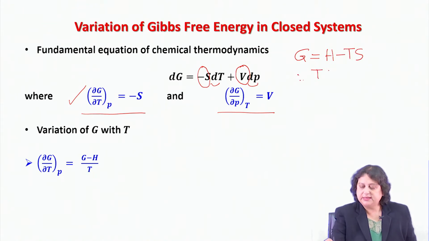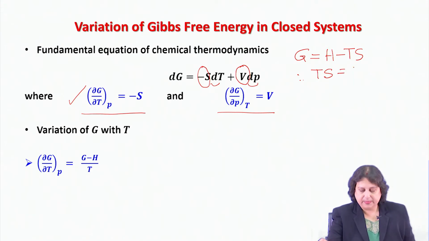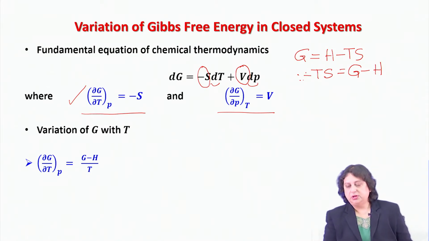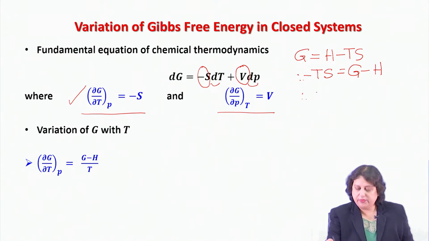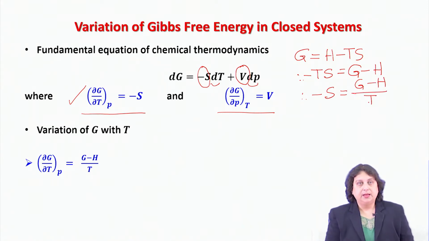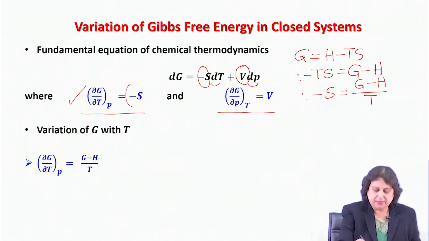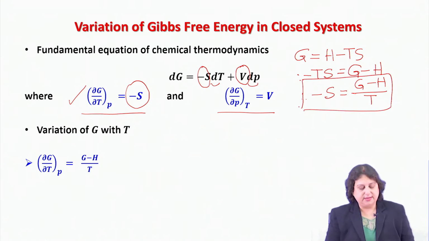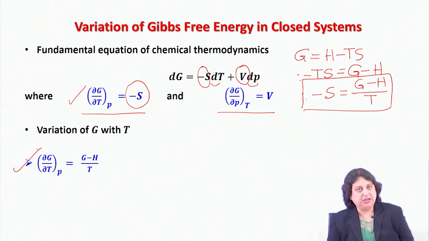Therefore, I can write TS is equal to H minus G, so minus TS is equal to G minus H. Therefore, minus S is equal to (G minus H) by T. I am going to replace minus S in this relation by this expression, and this is what I get: (del G/del T) at constant P is equal to (G minus H) by T.